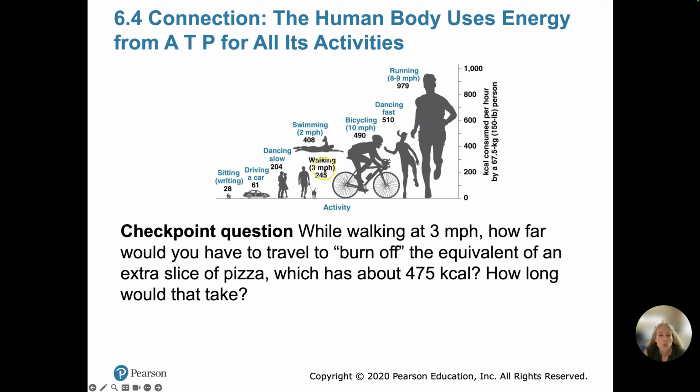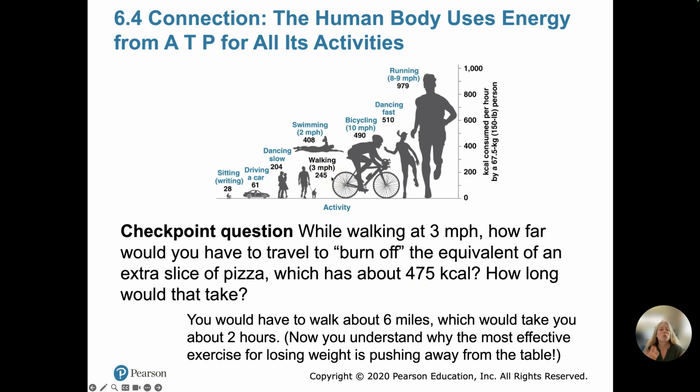So we'll find walking 3 miles per hour, and we'll see that it burns about 245 kilocalories per hour. Our pizza slice was 475 kilocalories. So if we divide that by 2, we'll get roughly 245. So we see that we would have to walk about 6 miles, which would take about 2 hours.